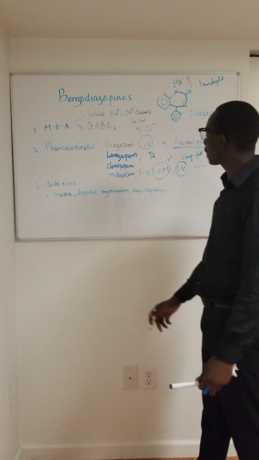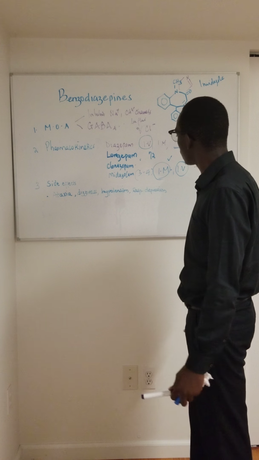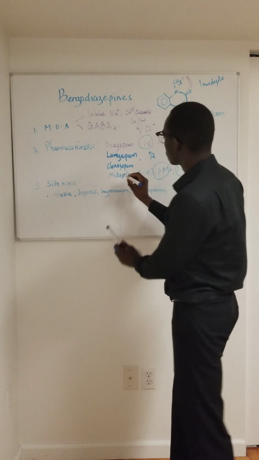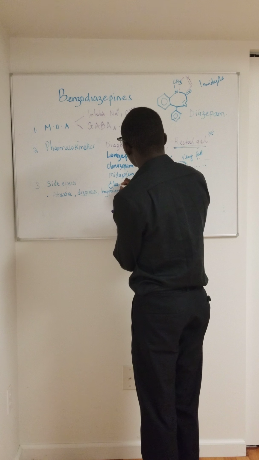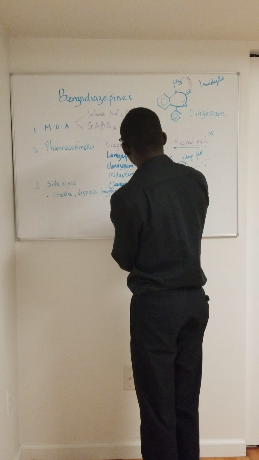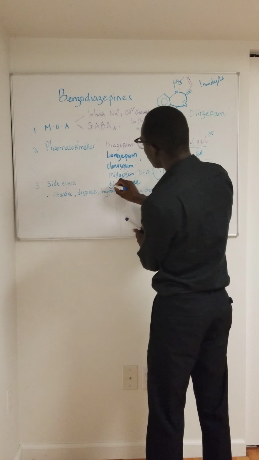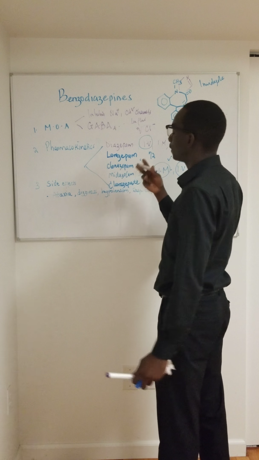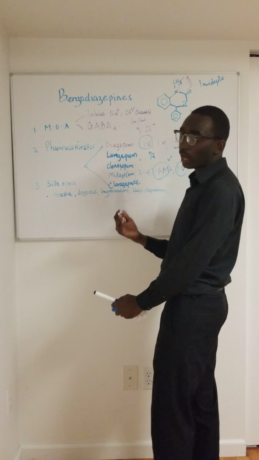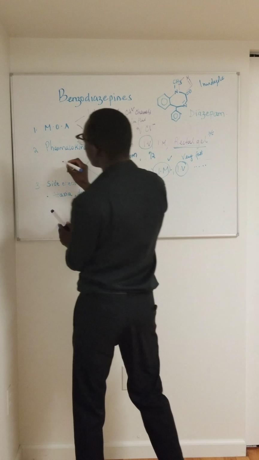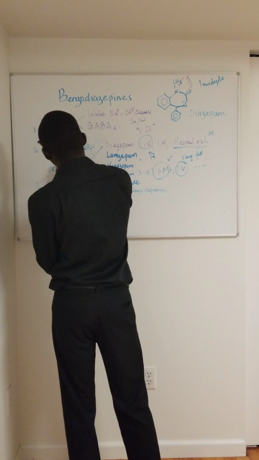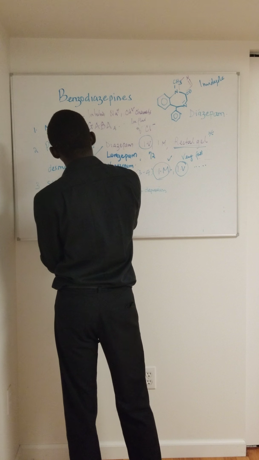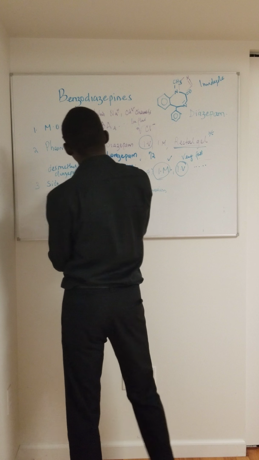So another drug we have to look for is clorazepate. This drug clorazepate and diazepam have the same active drug. They are like prodrugs, and the active drug is called desmethyldiazepam.